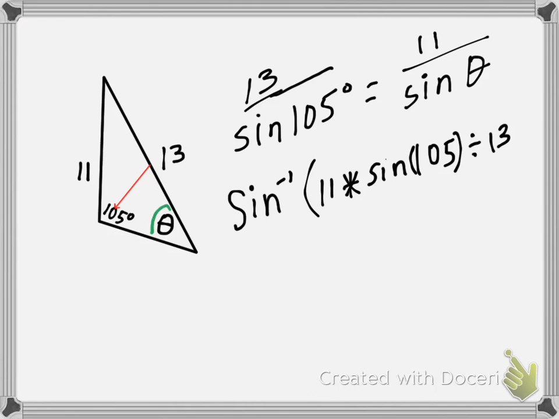Just make sure that you have this negative 1 showing up on your calculator, and you will get the correct answer, which in this case is 54.8, and we're finding an angle, so that is 54.8 degrees. Hope this video was helpful.